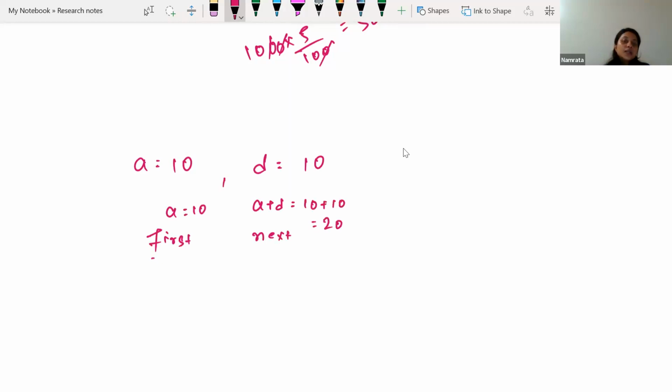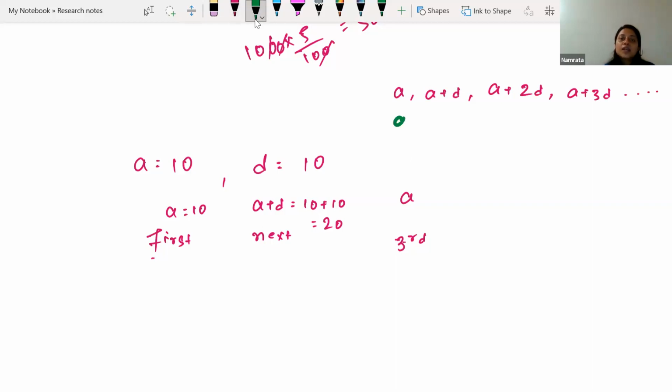That is 20. After that, the third term follows a standard pattern of the AP, which is always A, A plus D, A plus 2D, A plus 3D. This is how our AP looks. Why does it look like this?